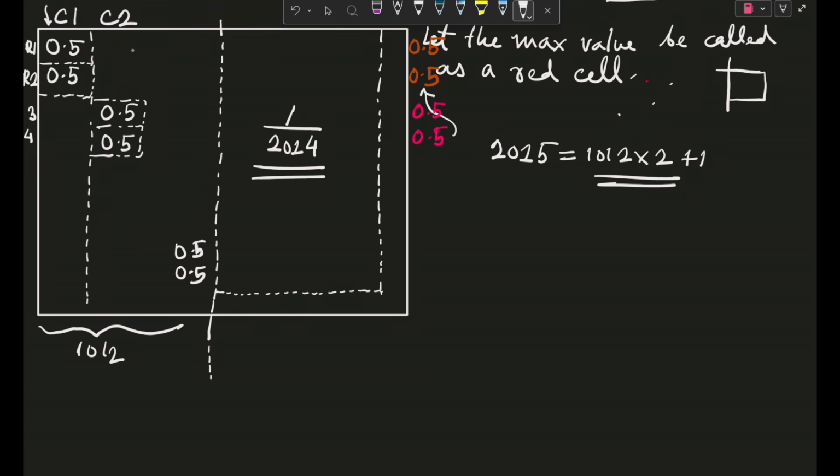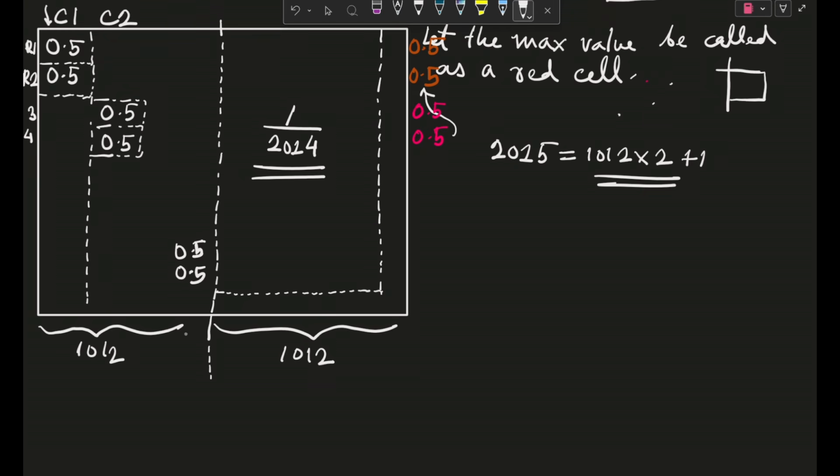And we took the reasoning here also because we said that different values will sum up to 0.5. So better to say that we have to fill up values in each row and column such that they sum up to 1 by 2024. Because if we take 1012 here, this will also be 1012, right?